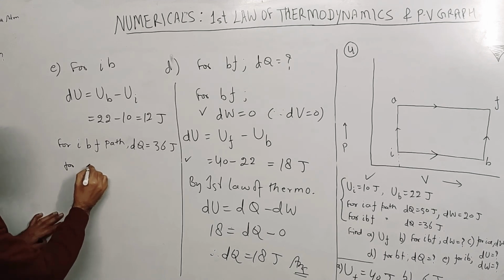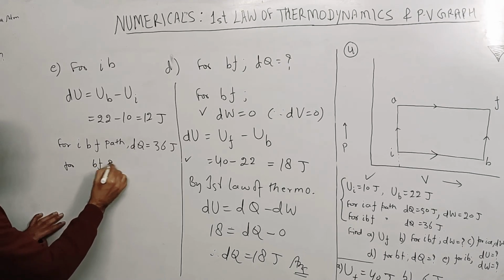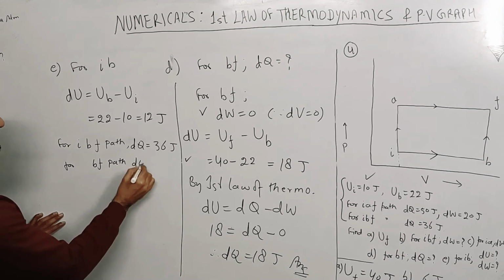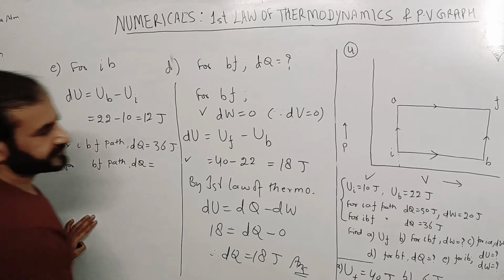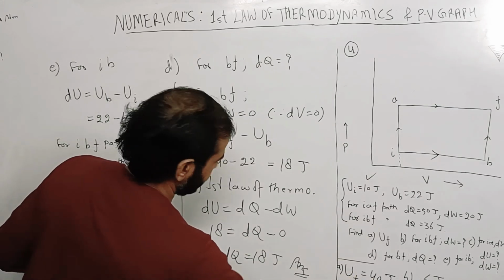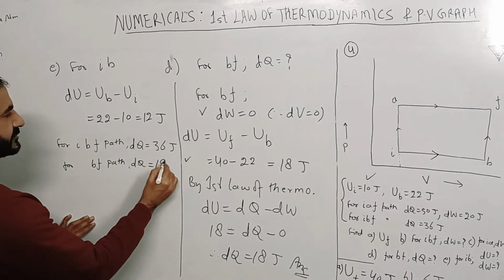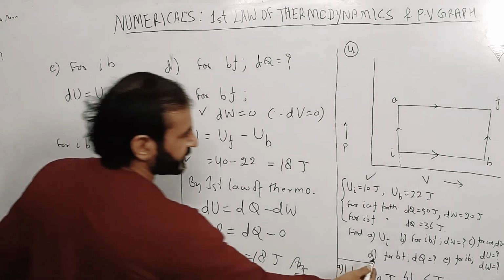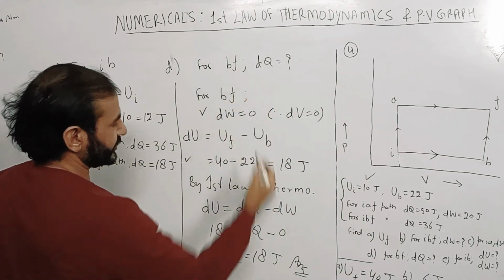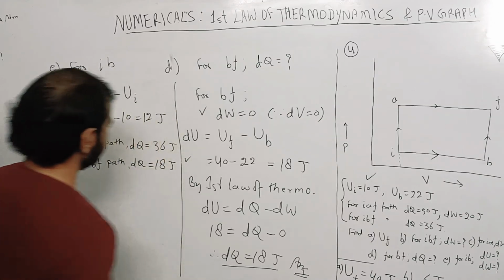For the BF path, dQ we have found in D part, and this is 18 joule.